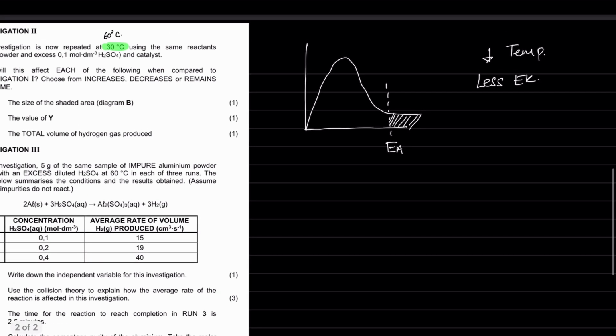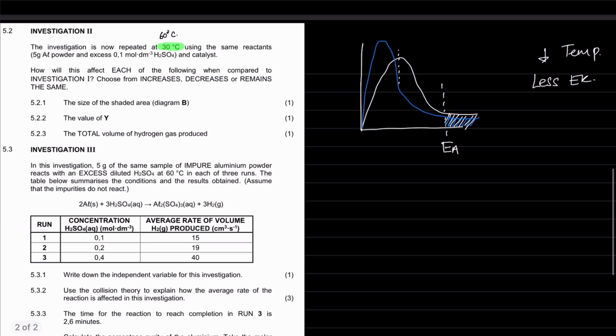So this peak right here is actually going to shift to the left, and it's going to move slightly up. And so a decreased temperature graph will look like this. And so what you'll find is that the area of the shaded region gets smaller. So the size of the shaded region is going to decrease.